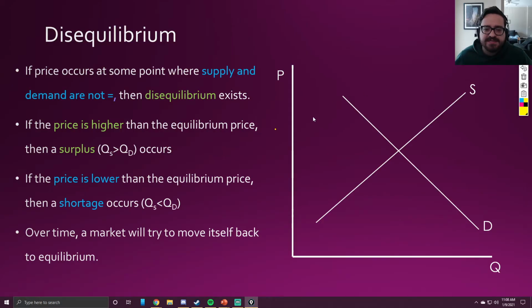Things like that. So these things can be enforced by the government, although price ceilings and floors aren't something the AP exam specifically covers anymore. The idea is if the price is not at equilibrium, you're going to have either a surplus or a shortage. If the price is too high, surplus: businesses will have a lot of the good, and we won't want to buy it. Price too low, shortage: it'll run out real fast.